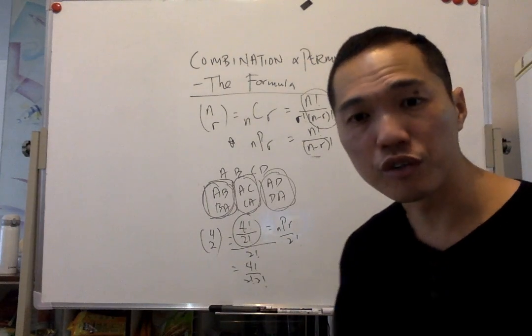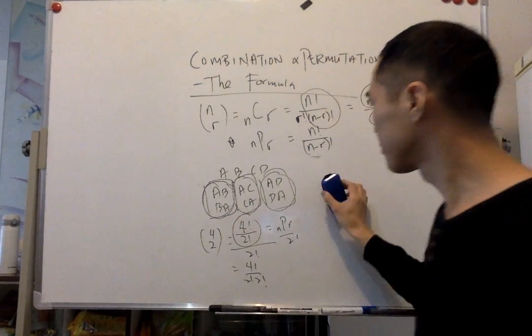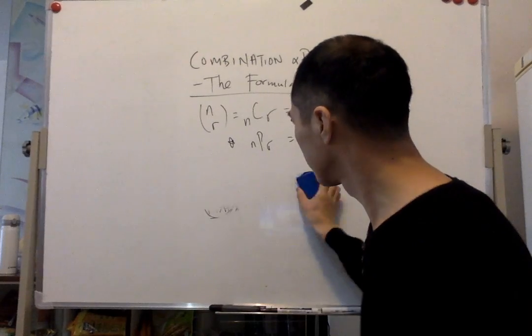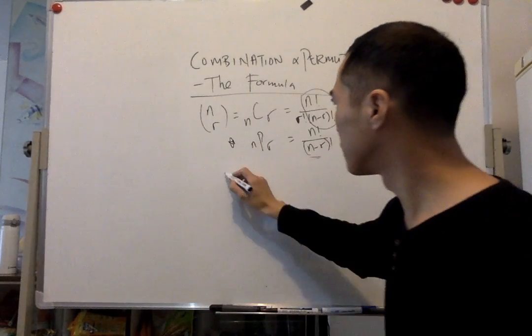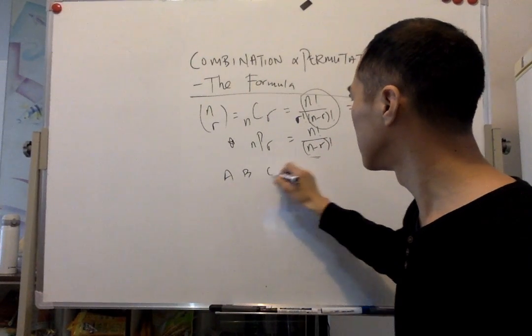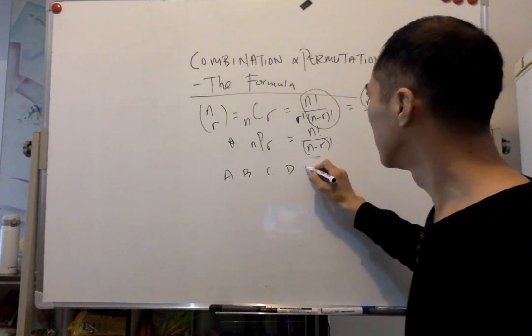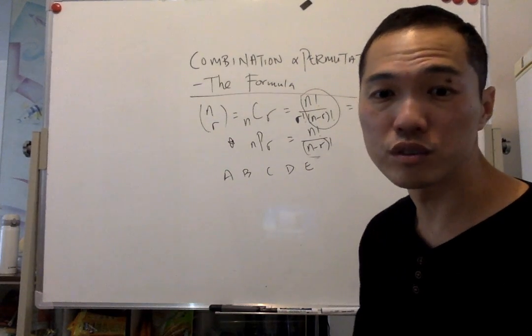This is not very obvious. Let's try other numbers. Let's choose 5 and choose 3, it's easier to see.